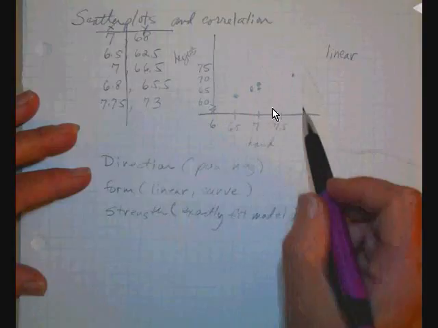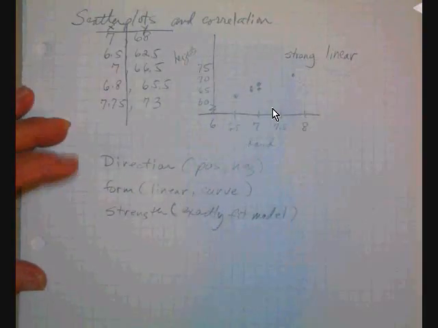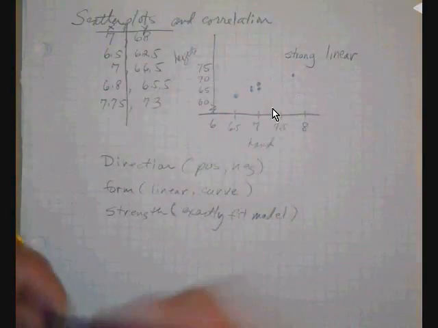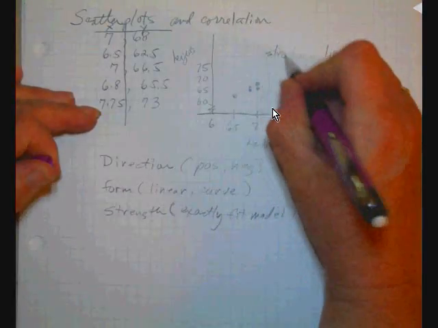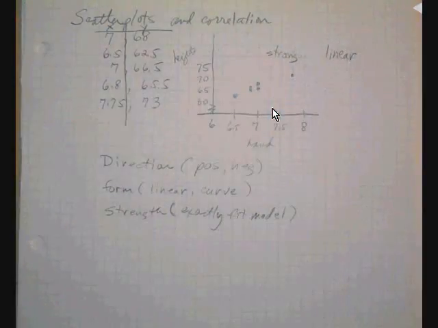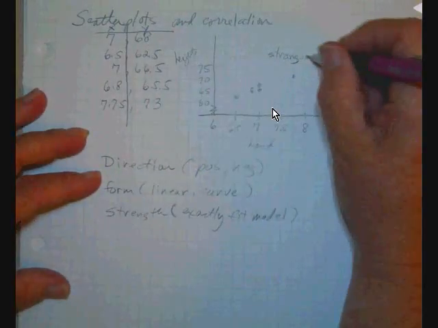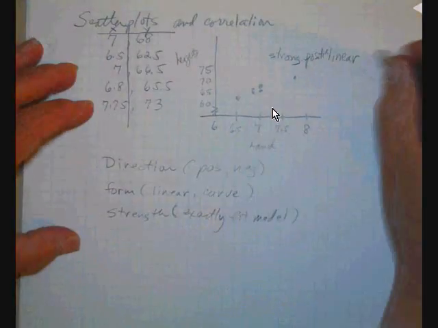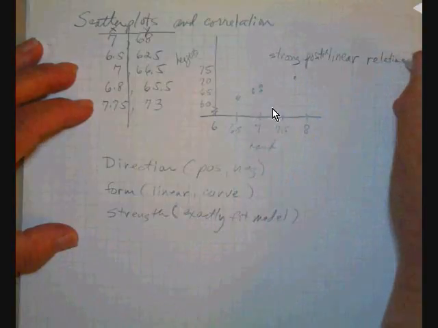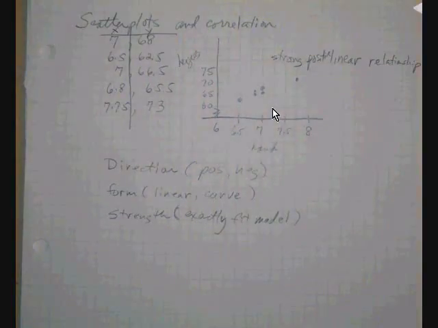So I'm going to say it is a strong linear relationship. Oops, and I didn't leave room for the other word that I need. Is that positive or negative? Positive. The slope of that line would have been positive. So this is a strong positive linear relationship. So I'll describe using 3 words.